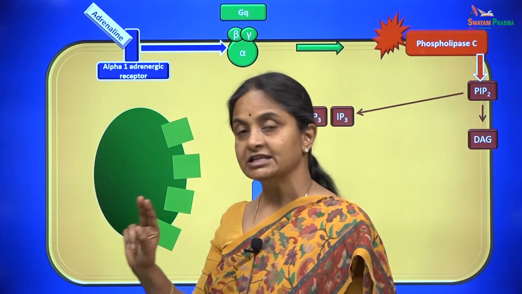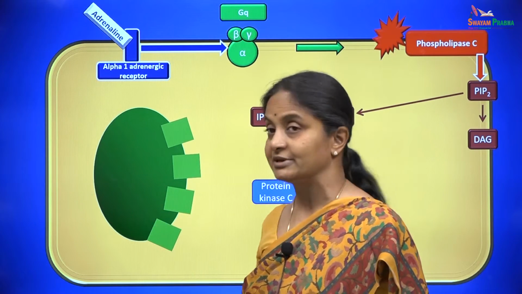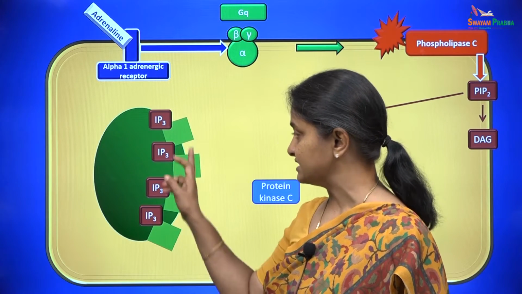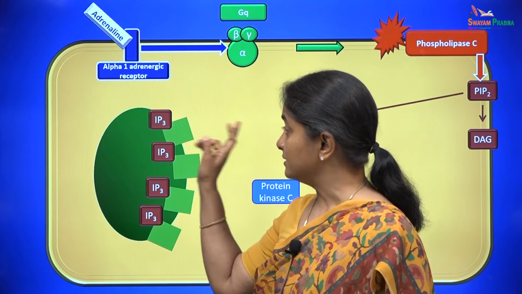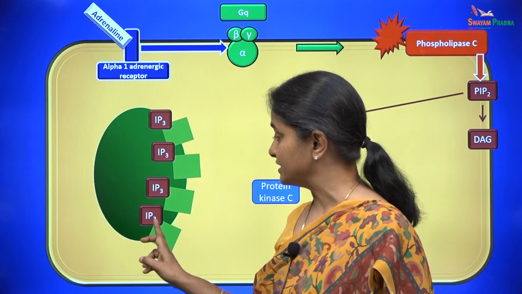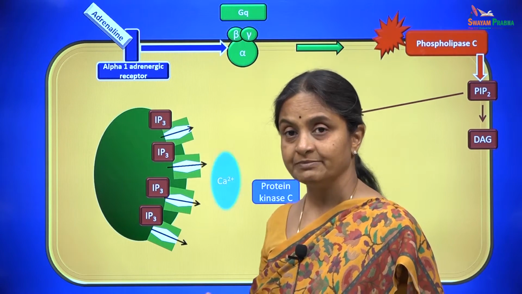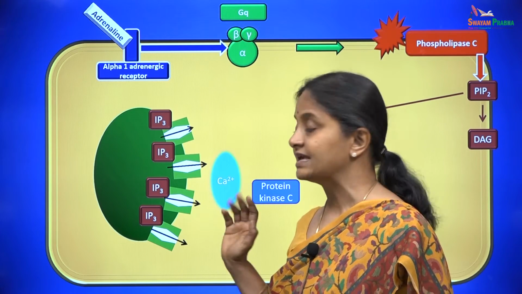There is a second set of calcium channels on the sarcoplasmic reticular membrane, which are referred to as IP3 receptors, and when inositol triphosphate binds to these receptors, the channel within those receptors opens up, releasing calcium.